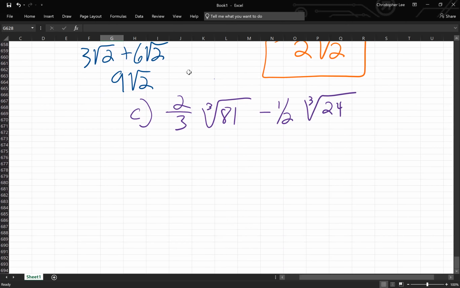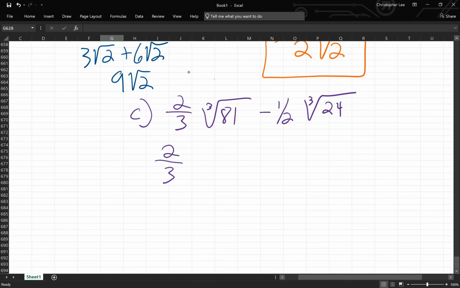All right. What's the largest perfect cube that goes into 81? 9? I think it's 3 times what? 9 times 9 is 81. Yeah. Right.